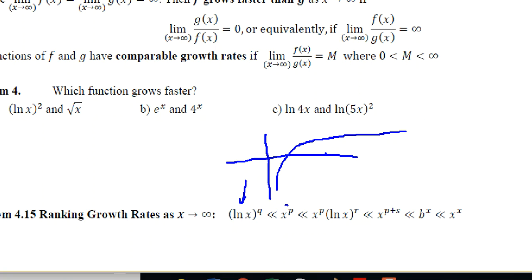It's always growing slower than any power function, no matter how small the power is. And of course, it is still growing. If you multiply the power function by a natural log function, this will grow faster than just the power function itself.